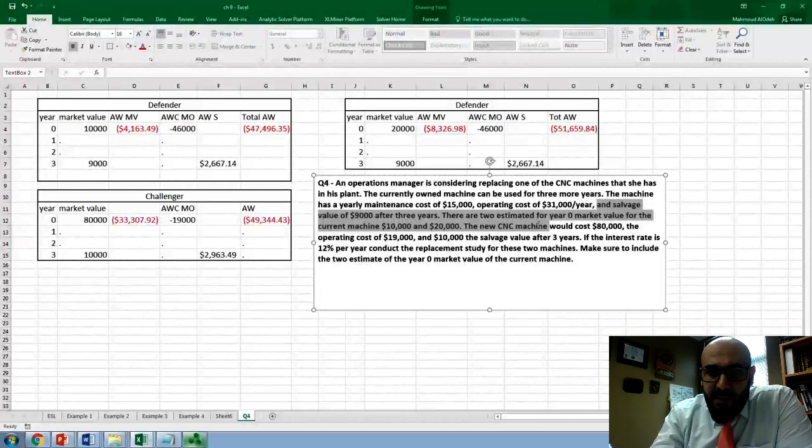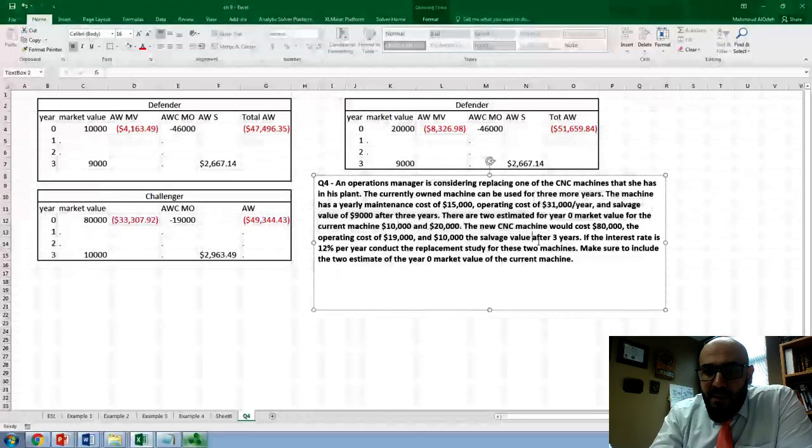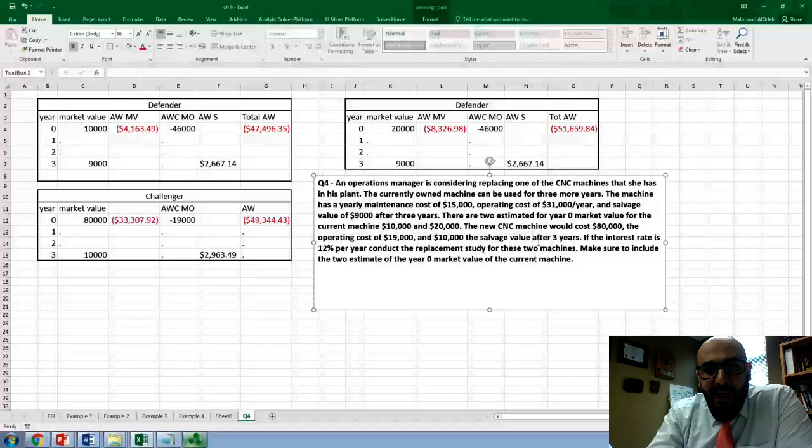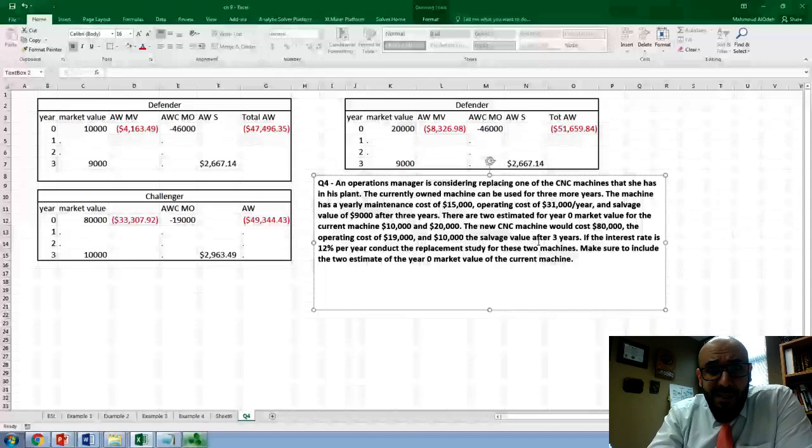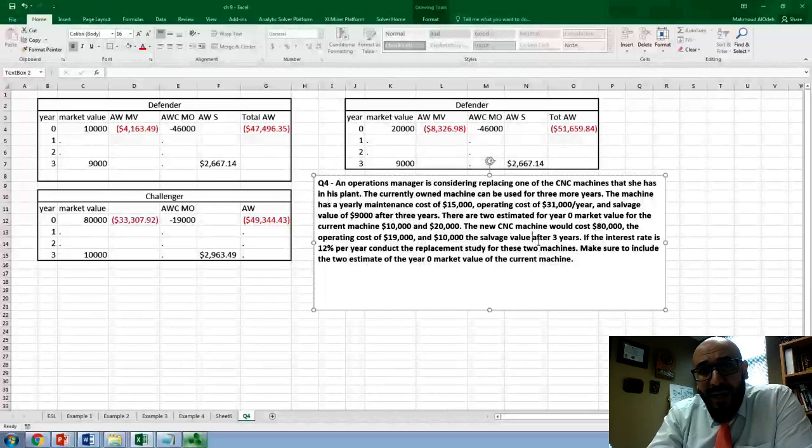$9,000 after 3 years. There are two estimates for the year 0 market value of this current machine. One estimate is $10,000. The other estimate would be $20,000.